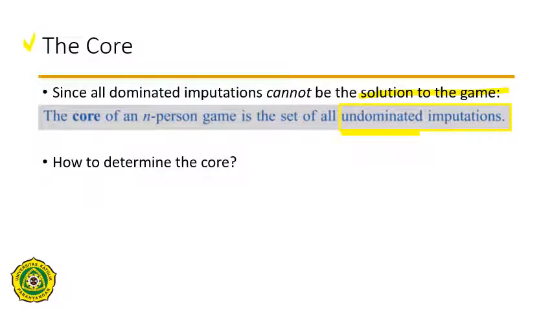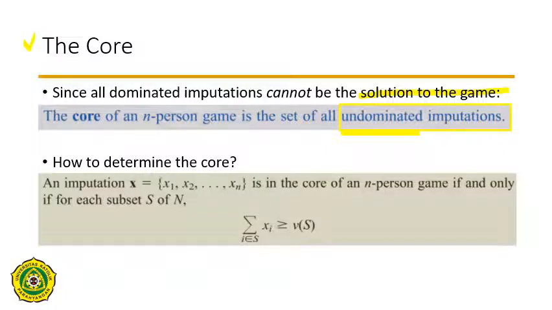Now, how can we find or determine the core? Well, an imputation is in the core of an n-person game if and only if this inequality here is satisfied. Before we talk about what this means, let's start by pointing out the important things here.